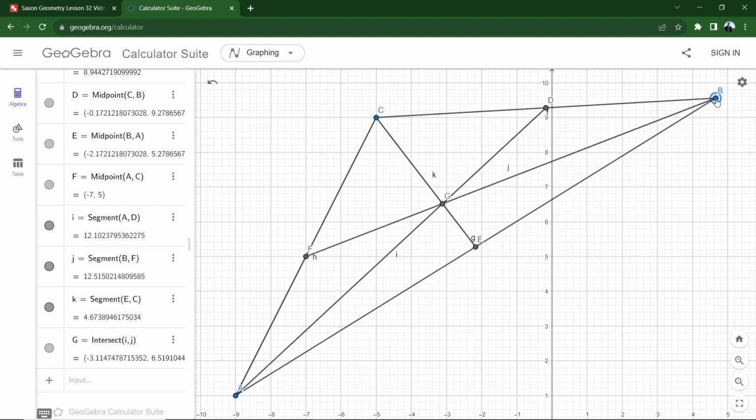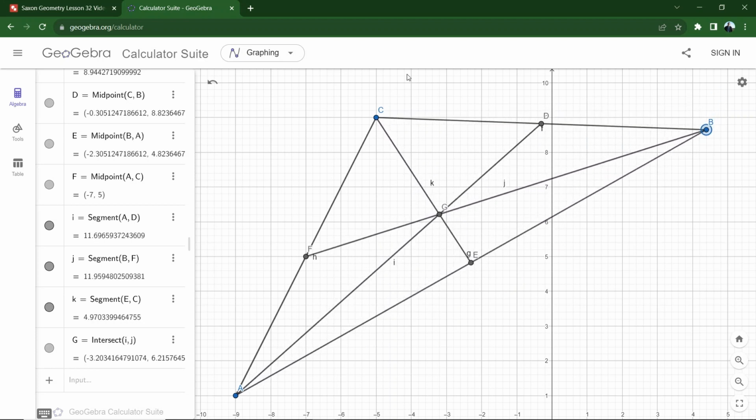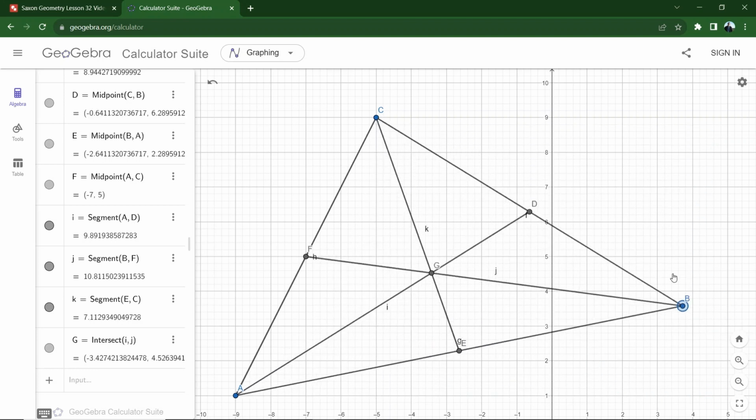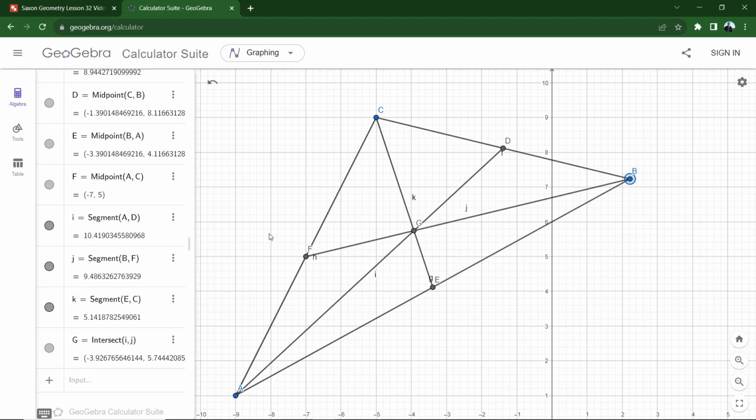And it's always going to be, for each of my segments in here, 2/3 away across from the vertex toward the midpoint of the opposite side. So this length here is 2/3 of the total length. But do you see how it stays inside while maintaining that relationship? Okay, we'll come back to this in just a little bit.